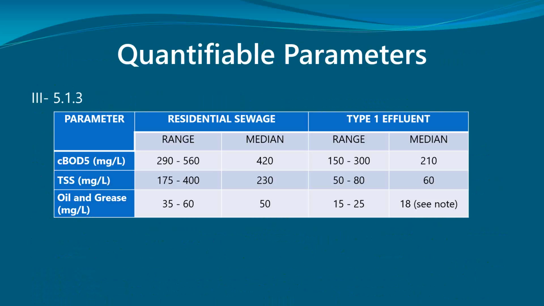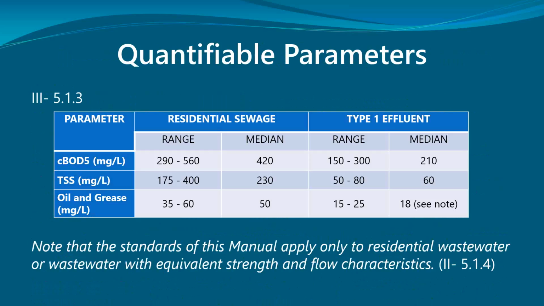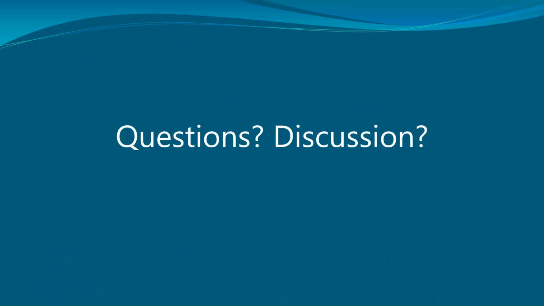And you compare it to these parameters. So this is a significant change. An important point is we have these parameters in the SPM, and if our sewage or type 1 effluent doesn't fall within those, then none of the standards apply, right? DDF, hydraulic loading, linear loading, none of that applies because the math that underlies those standards was based on these quantifiable parameters, which is what it says there. Equivalent strength and flow characteristics to that table. Any thoughts or questions on that?